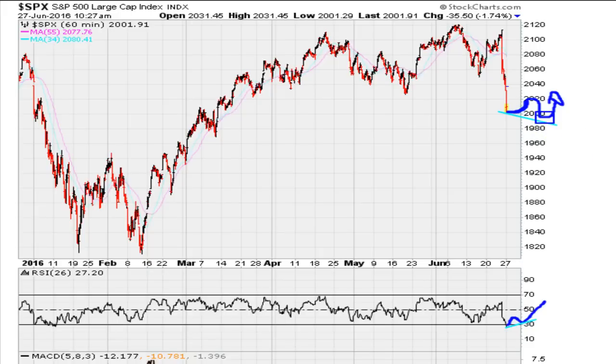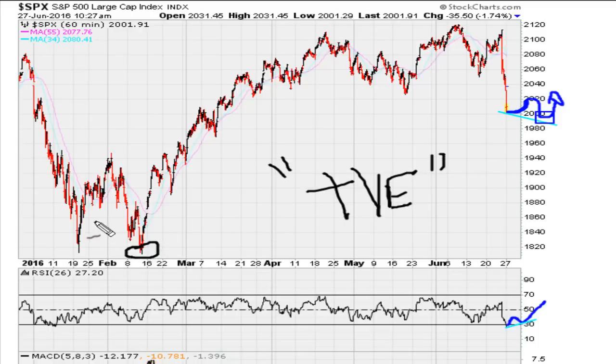Without that positive divergence on the hourly, all you have to do here is be patient, because the market more often than not is going to test the lows just like it did here. So there was no point in buying the market during this period, because there was no positive divergence.